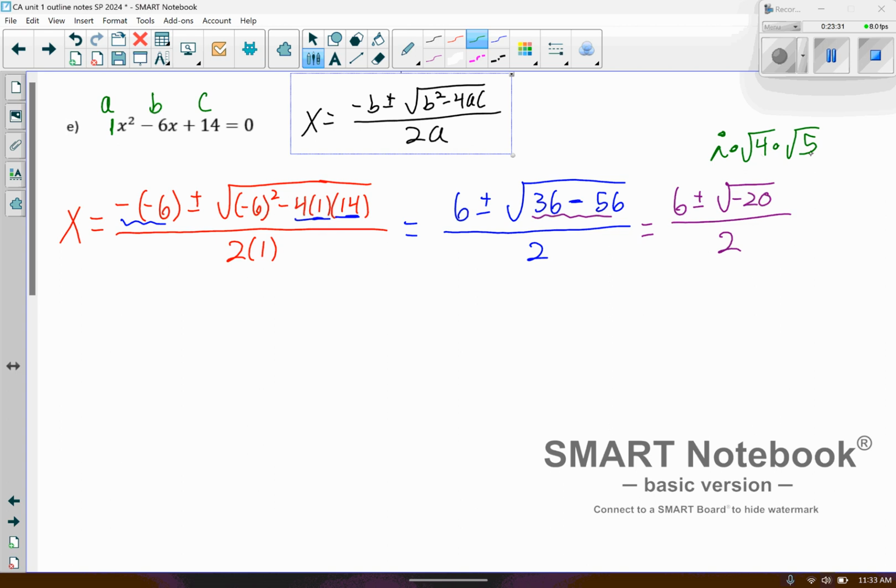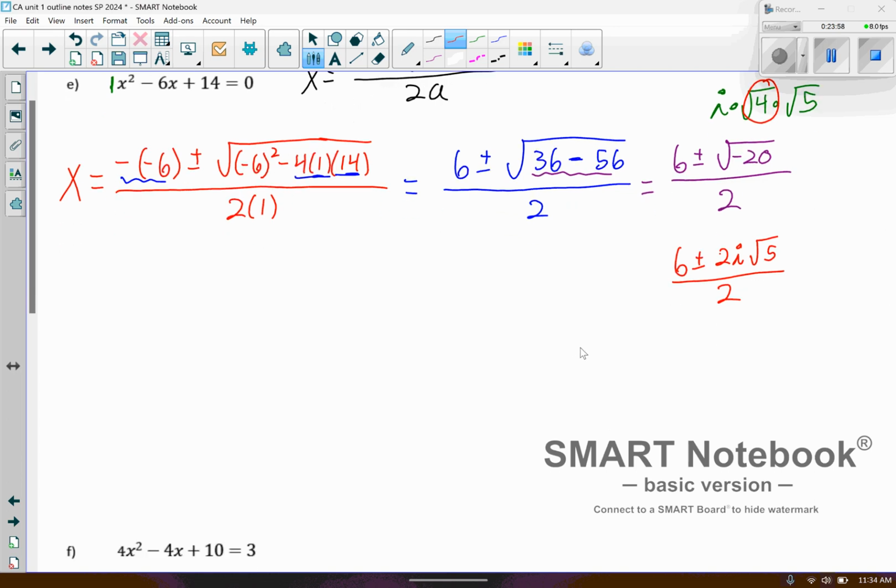And then we break 20 into 4 times 5. So we'll go ahead and square root the 4. So let's see, we're going to end up with 6 plus or minus, I like to write it like this, 2 and then the i, and then the square root of 5. So if you write the i in front of the 2, it's okay, but typically you're going to see most people write it in that format. And then all divided by 2.